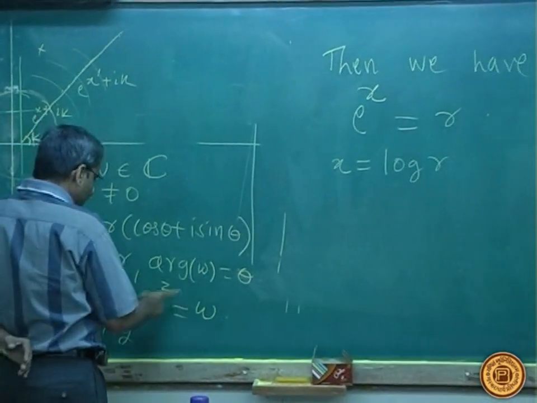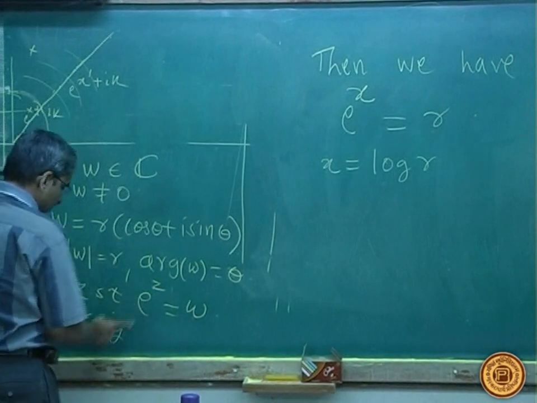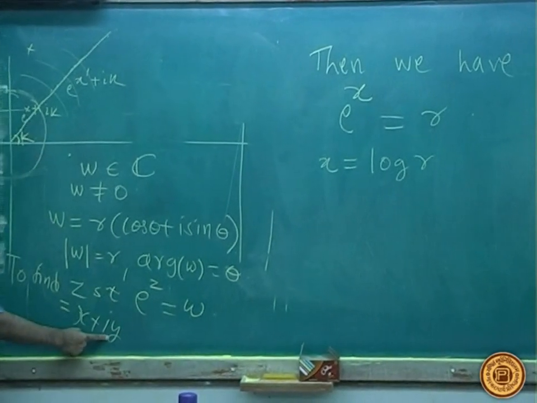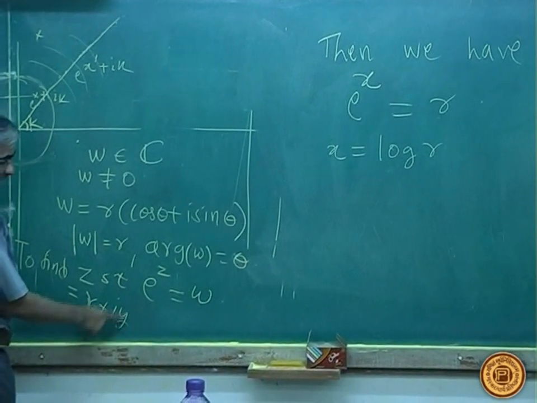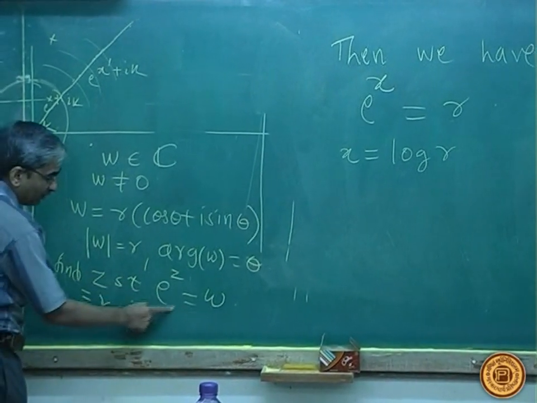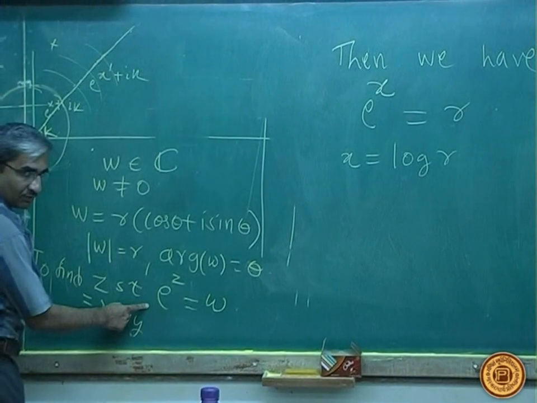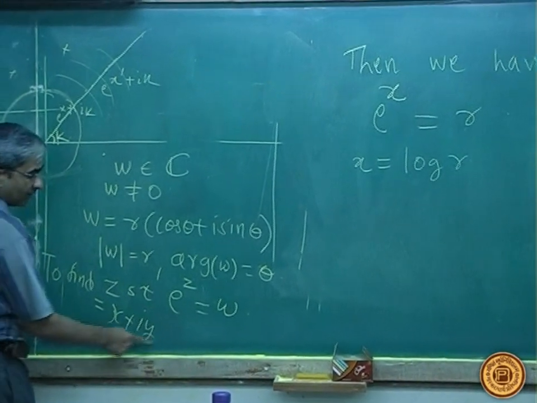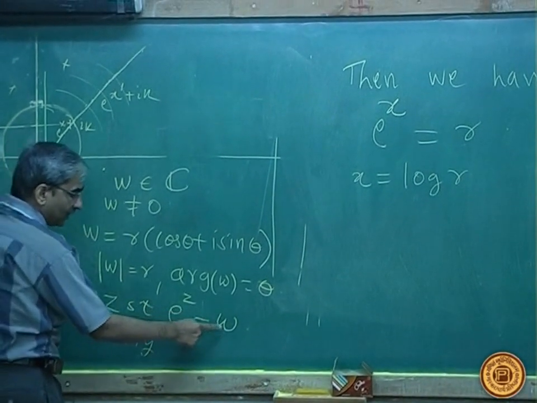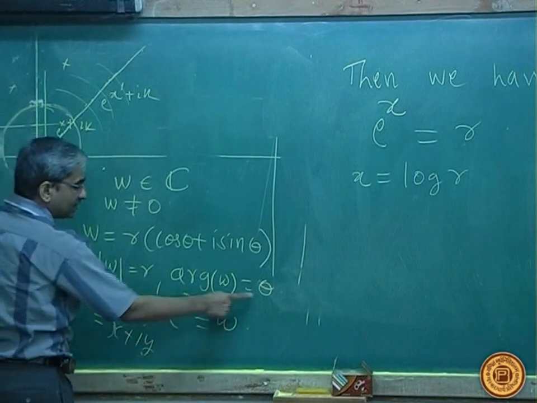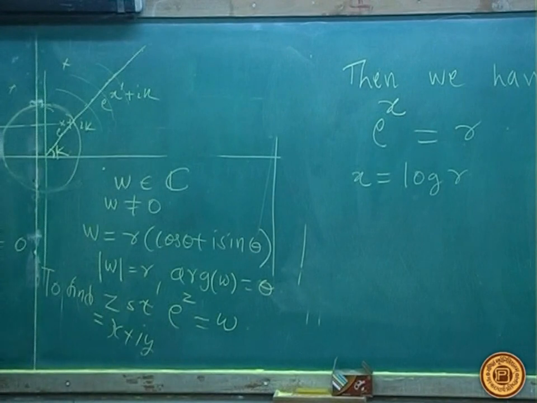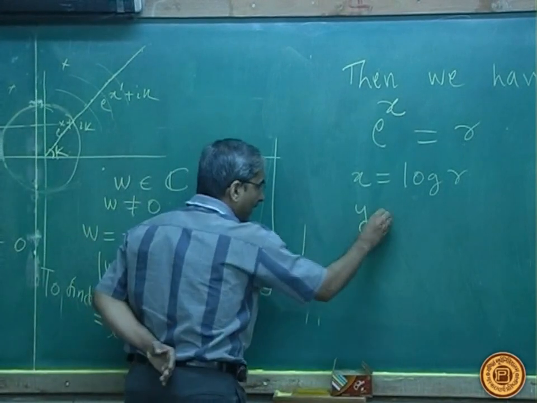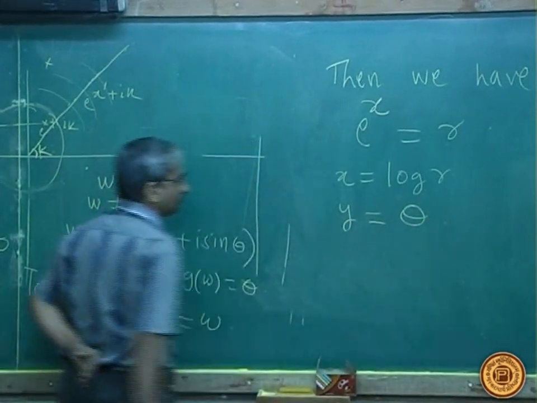Now argument of e to the power z is y. We have already seen this, that for any z, argument of e to the power z is always y. But e to the power z we want equal to w and argument of w is theta. So theta must be y. Or we have to take y equal to theta.